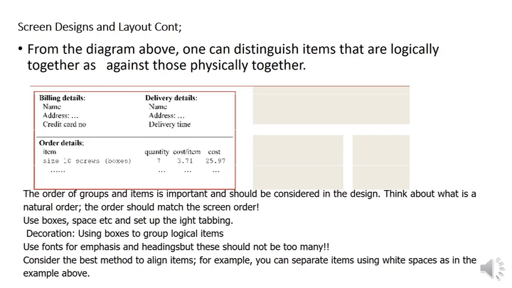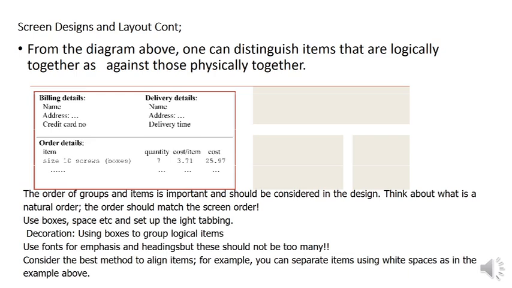Then from the diagram above, one can distinguish items that are logical together as against those physically together. It is from the diagram above that you can now see the order of grouping in the diagram below.